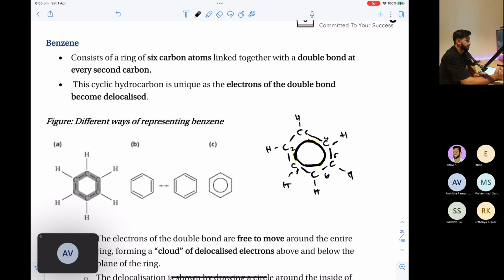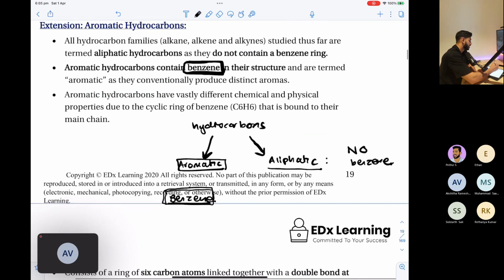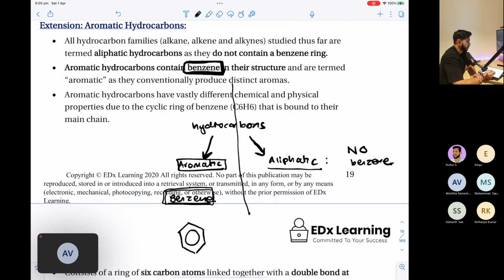So it's not your typical hydrocarbon because of the sea of delocalized electrons, and because of that, benzene engages in very unique reactions that make it completely different to the rest of organic chemistry. Hence, we need a whole system of separation when a compound contains benzene versus when it doesn't. A simplified image of benzene you will see is this hexagon with a circle inside, and the circle represents the sea of delocalized inner electrons.